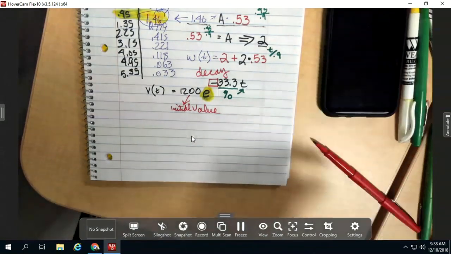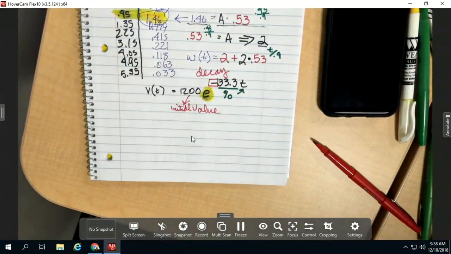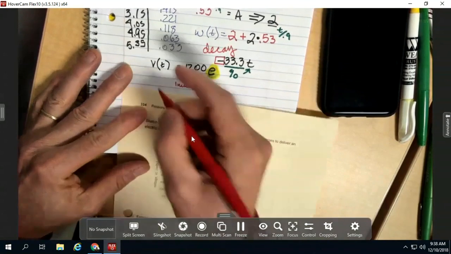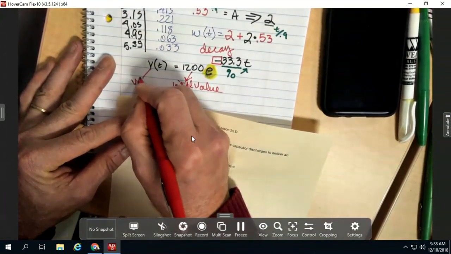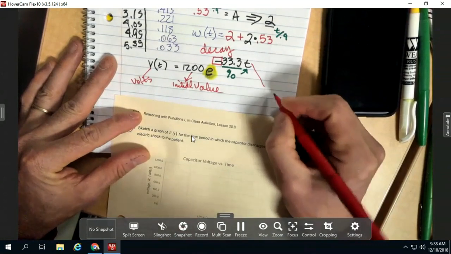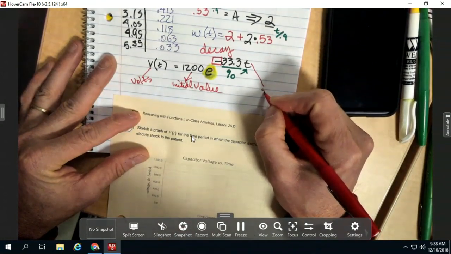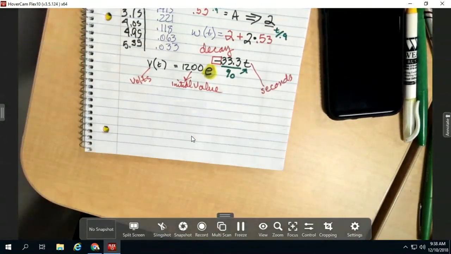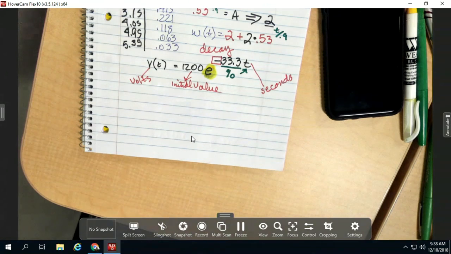So in this case, they don't really say it, but on the table on the next page, they say V is in volts, and T is in seconds. Because I don't see it any other place that it tells us what V is and what T is. Do you? It doesn't say, except for in the table.